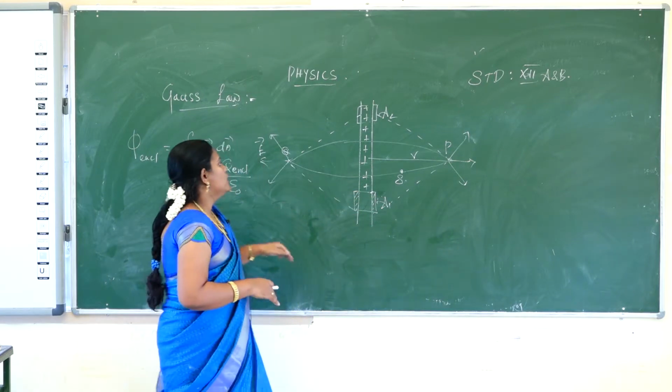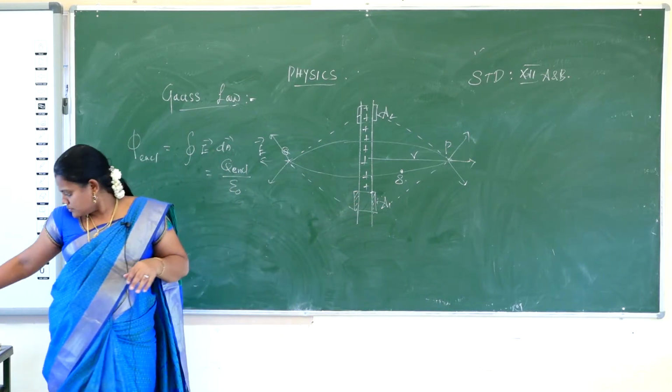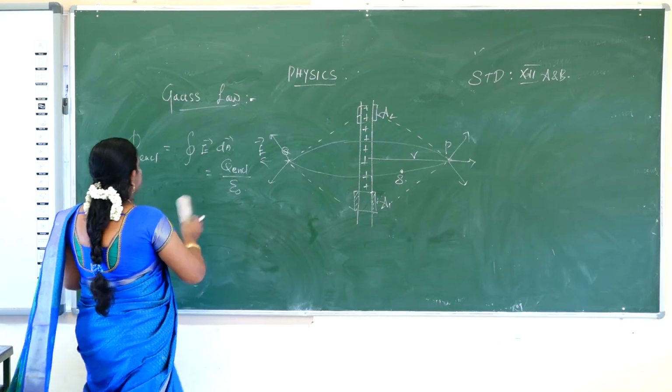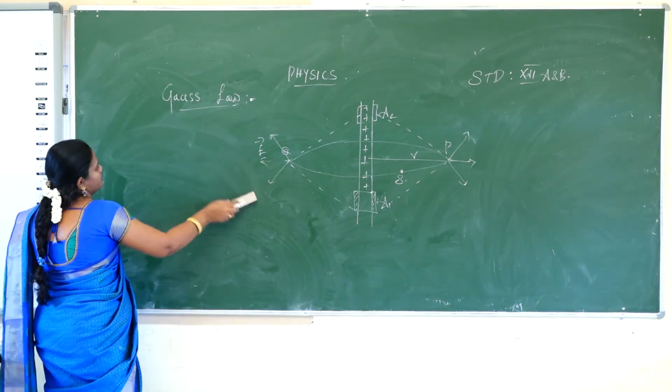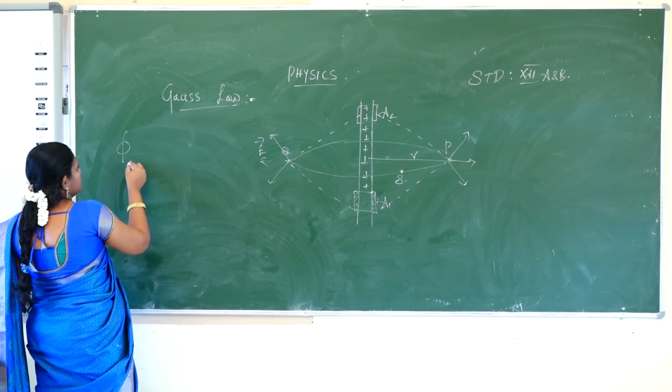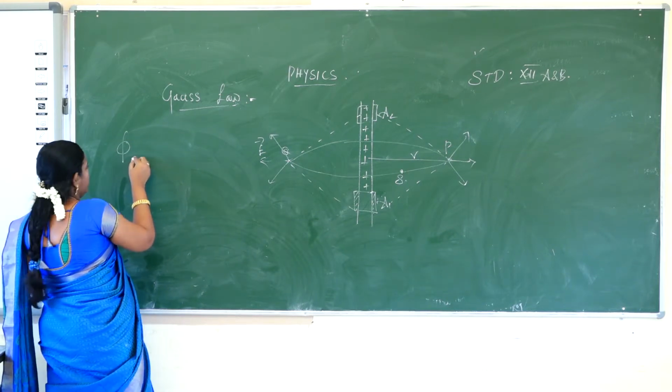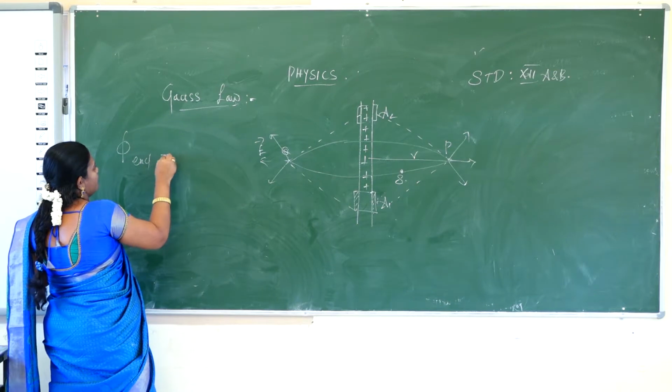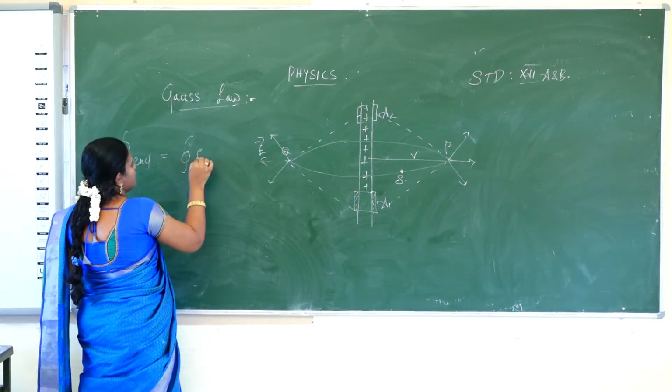Okay, so the total electric flux phi for the enclosed surface is equal to the integral of E dot dA.